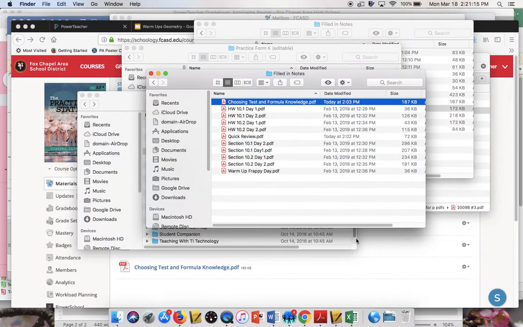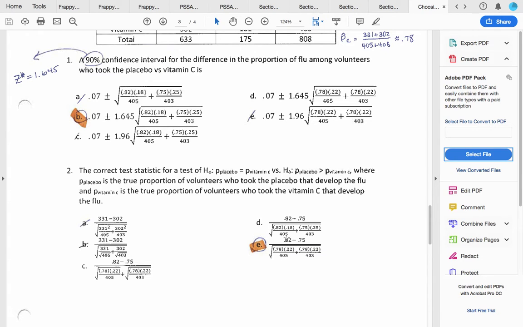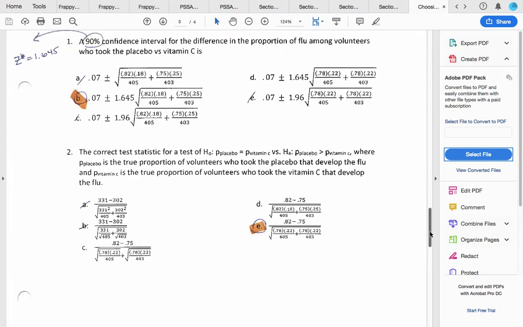So back over there again, I got my p hat 1 minus p hat 2 minus 0. I didn't put the minus 0. But then in the denominator, I'm using that p hat c times 1 minus p hat c, there's the p hat c I calculated, plus p hat c times 1 minus p hat c, over the respective sample sizes, okay?